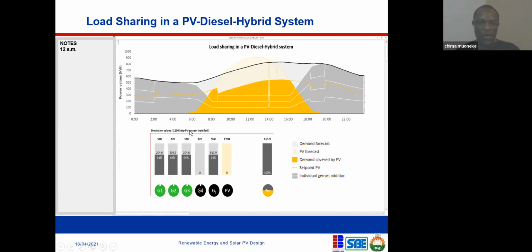Okay, so the whole idea is to maximize what is coming out from your PV system, so that you have less consumption of diesel, and by less consumption of diesel, you actually save money. That is the whole essence of this simulation, or the whole essence of integrating your PV system with your diesel generator. So this is how a PV diesel hybrid system works.